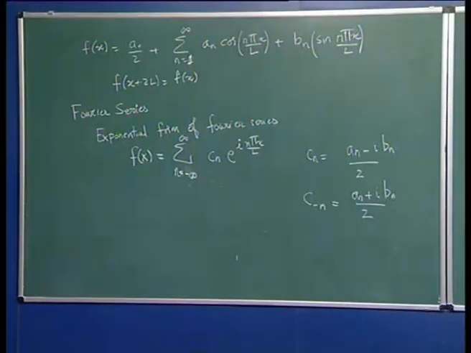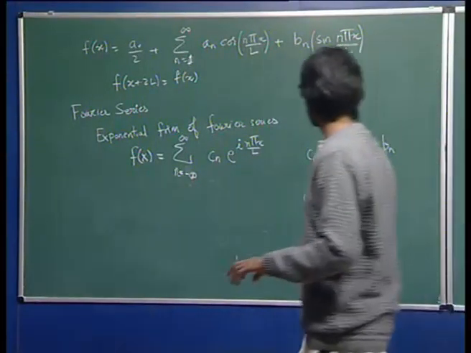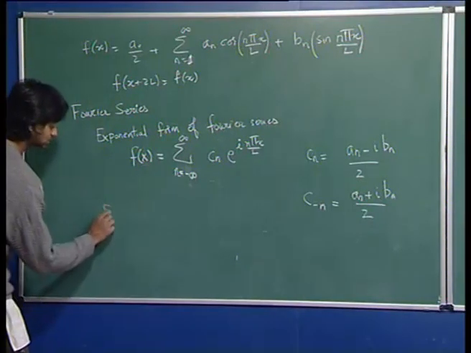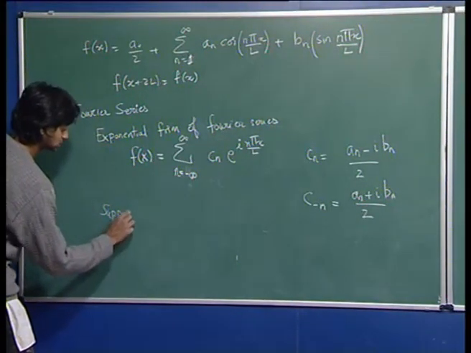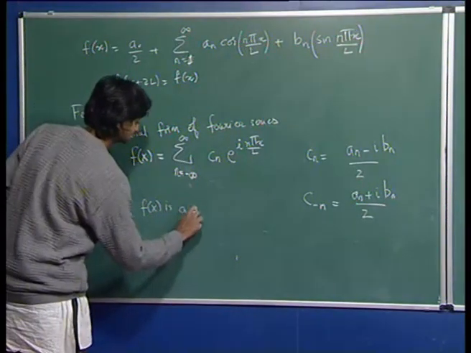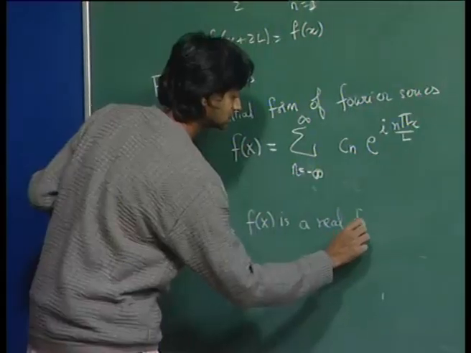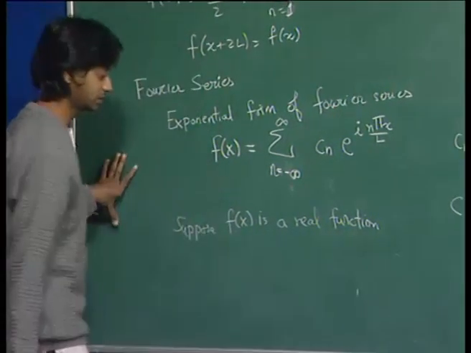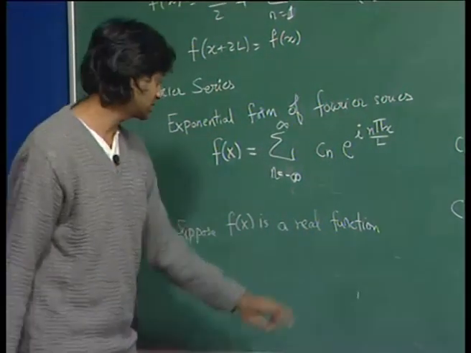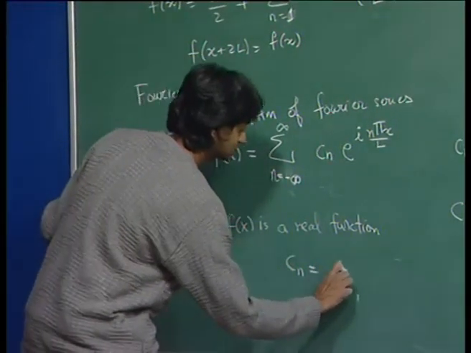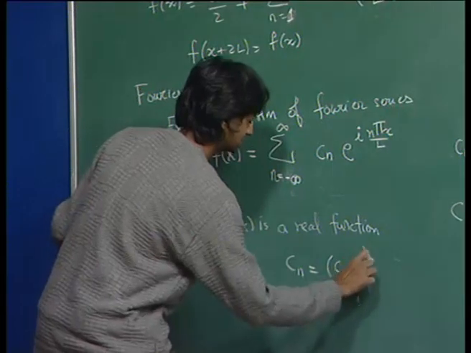Now, in this form of the series, we said that we can extend it to complex functions. Now, suppose f of x is a real function. If f of x is a real function, you can show that C_n is equal to C minus n star.